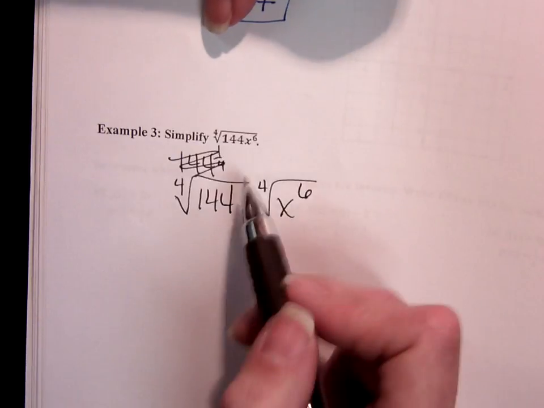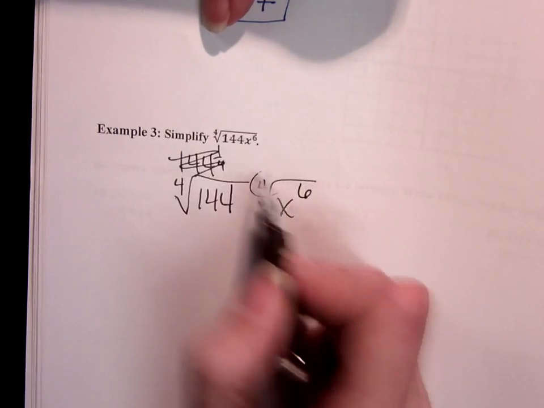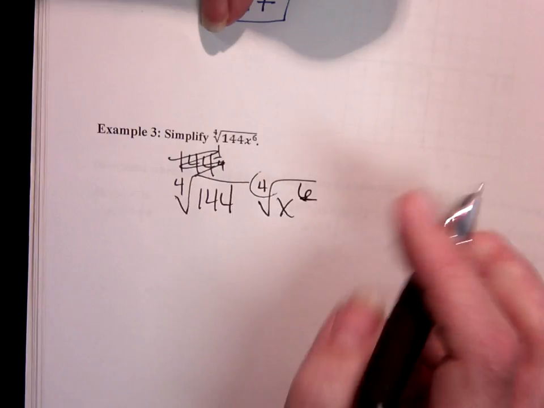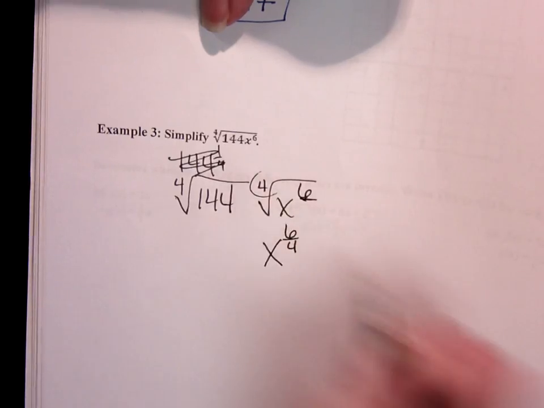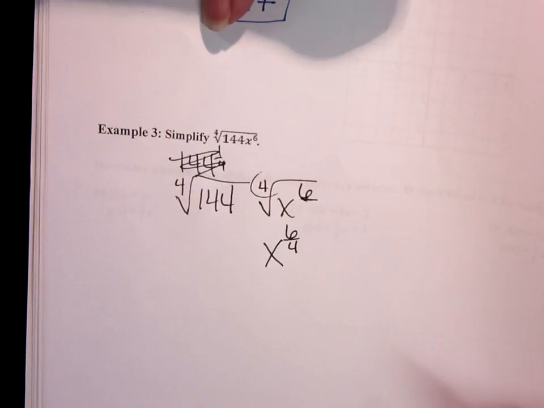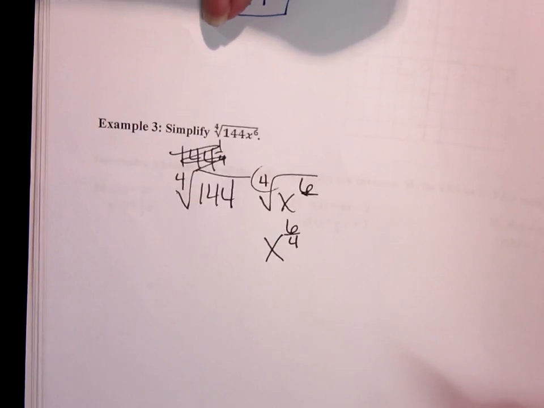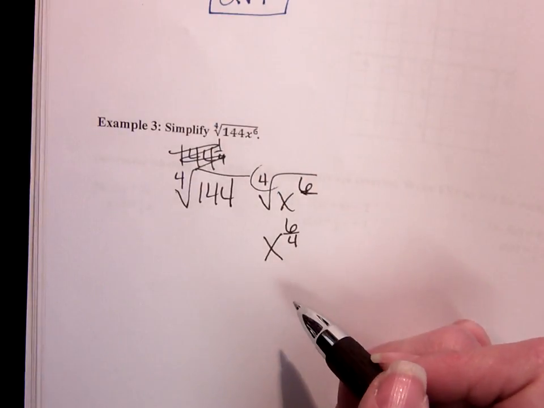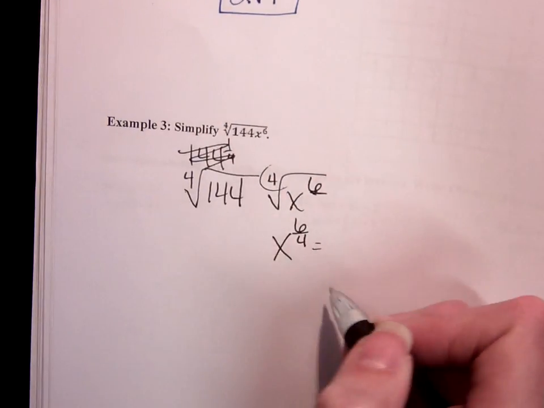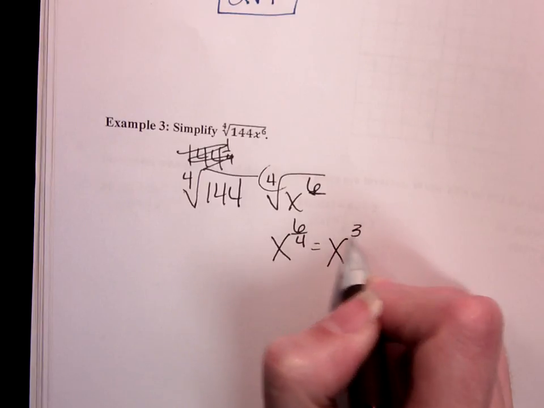This is where it gets nice, because the 4 is my index and the 6 is my power. So I can think of this as x to the 6 over 4. Which, when we simplify that, I get x to the 3/2.